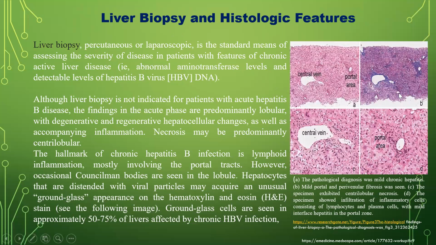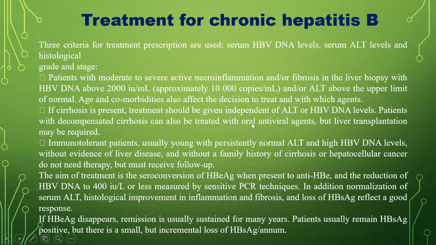On picture B, we can see mild portal and perilobular fibrosis, central lobular fibrosis around the central vein, and this infiltration of inflammatory cells consists of lymphocytes and plasma cells, with mild interface hepatitis in the portal zone.